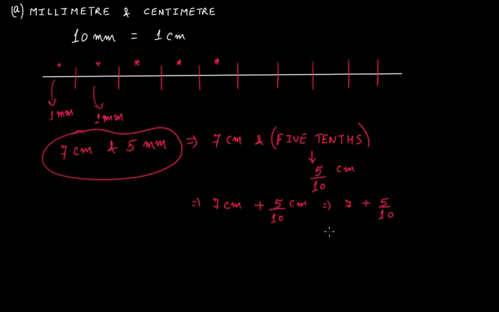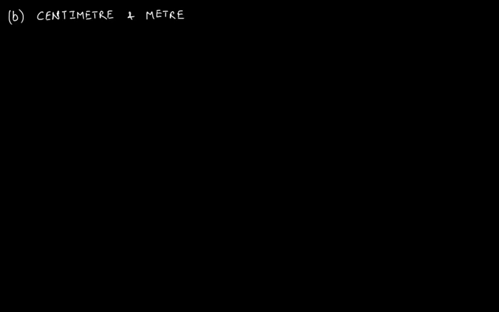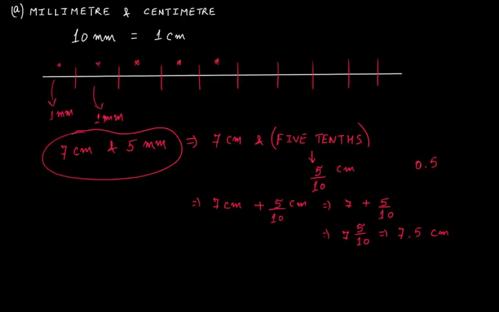Okay, so this can be written as 7 and 5 over 10 in the form of a mixed fraction, and the value of 5 over 10 will be 0.5. So this will be 7.5 centimeter. Okay, centimeter and meter. In this case we use tenths.